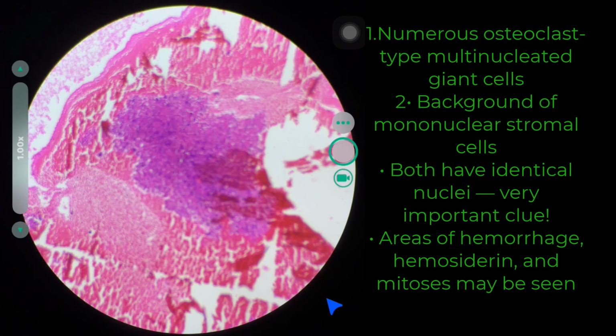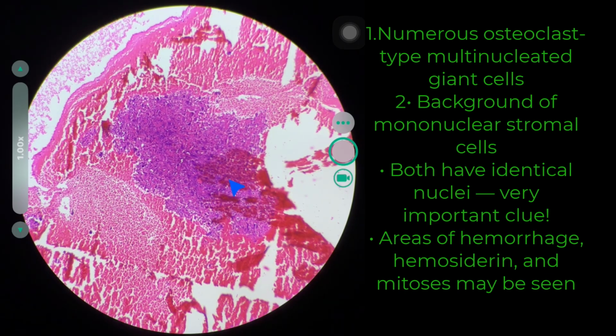These are the darkly stained multinucleated giant cells, numerous in numbers, and this is the area of hemorrhage.